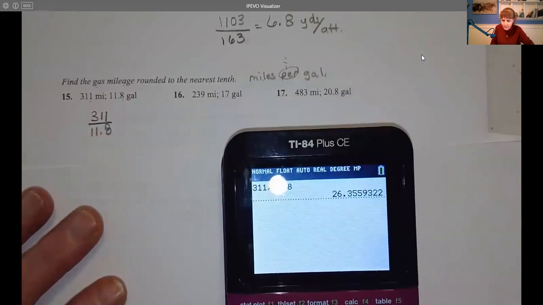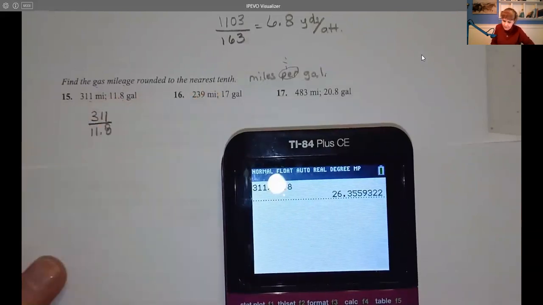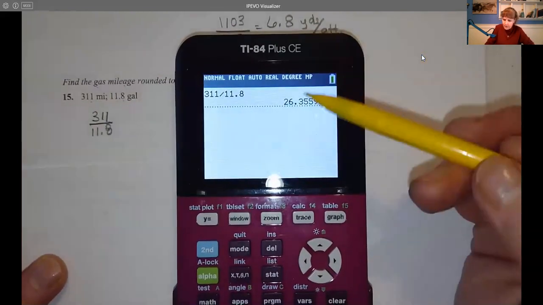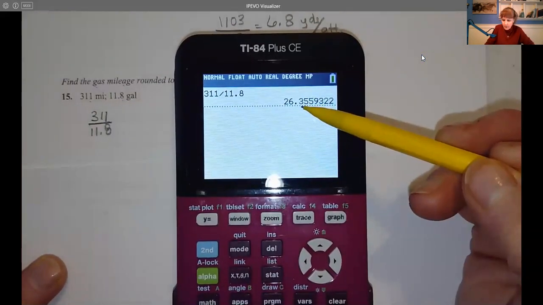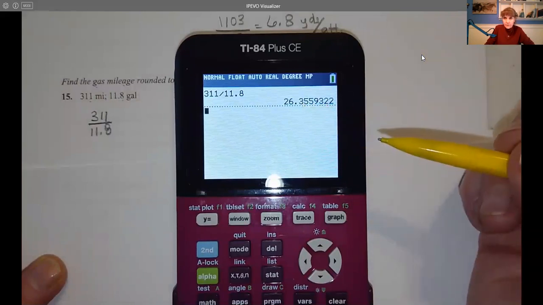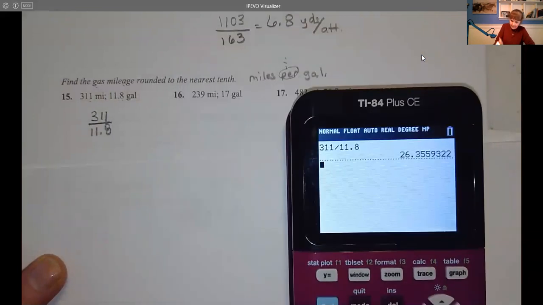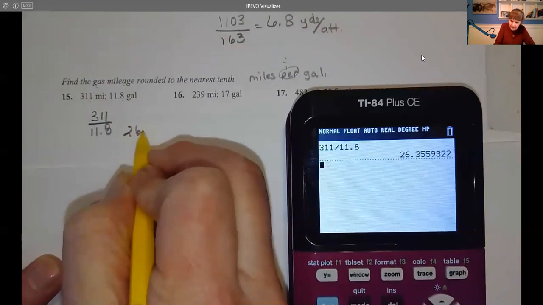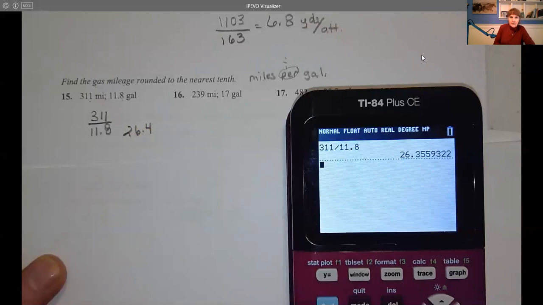You go back and look to the nearest 10th. So we come up here, we go to the 10th, which is the 3. We look to the right, it is 5 or larger, so the 3 will become a 4, 26.4. And you don't want any numbers after the 10th, not even zeros.